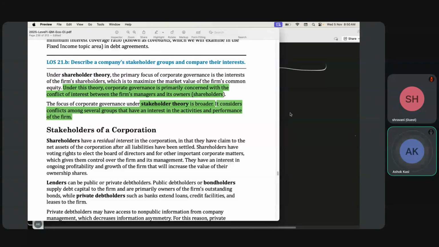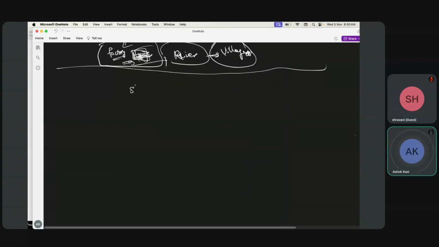See, stakeholder will consider everybody who is associated with the company. That means stakeholder will include supplier. He is also a stakeholder.